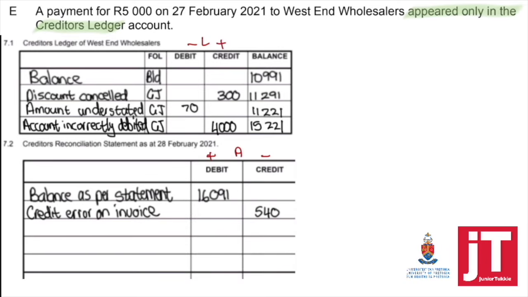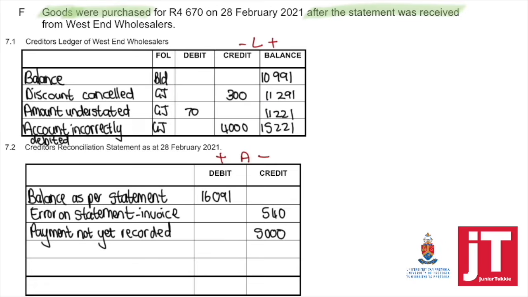So remember, creditors ledger, liability, debit minus, credit plus. From their perspective, debit plus, because it's an asset, credit minus. So a payment means that they will need to credit our account. Payment not recorded, 5,000.